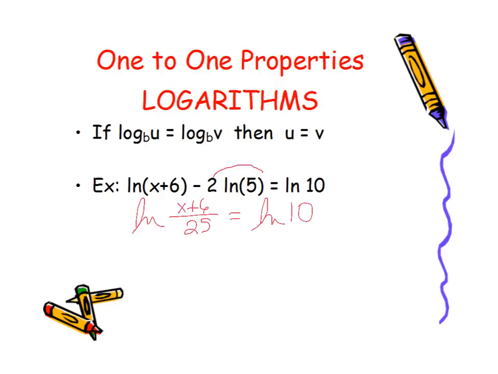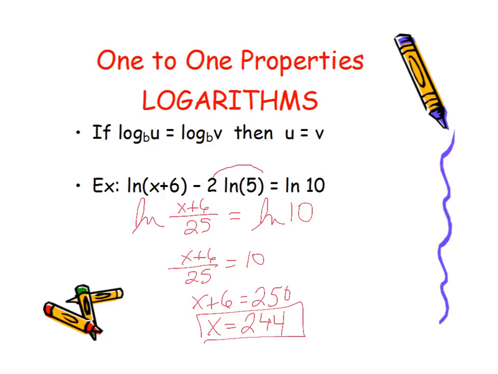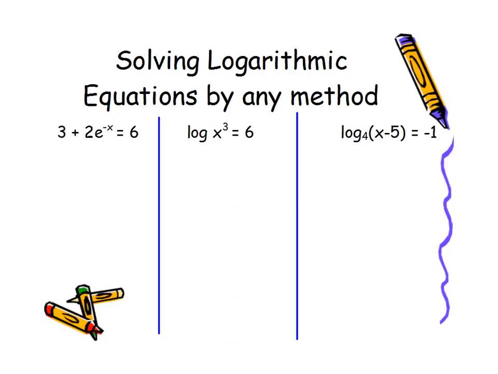I've got a log equals a log. Ditch the logs and just set these values equal to each other to see what x would need to be to make this work. Multiply by 25. Subtract the 6. And we've got it.